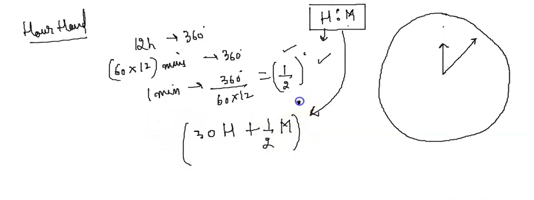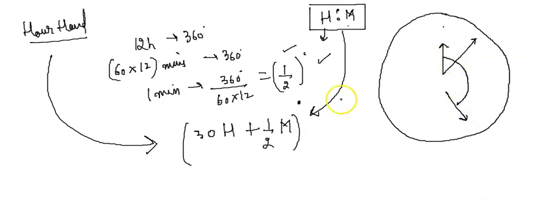This will be the angle traced by the hour hand in H hours and M minutes. Suppose the hour hand has to reach up to this position. This much angle is traced only by the hour hand, and we have to subtract the angle traced by the minute hand so that we can calculate the angle between these two. So we have to subtract that value.